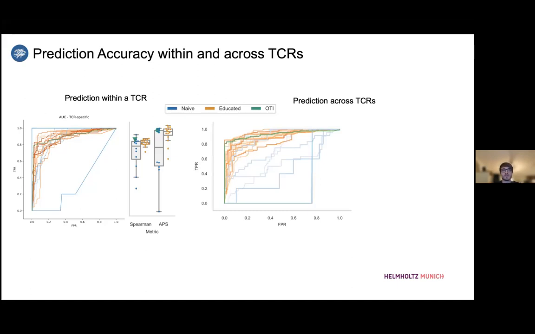This also carried over to the next task, where we try to do predictions across T-cell receptors. Here, again, educated repertoires could be nicely predicted, whereas for naive repertoires it was much more diverse. We could see trends: those T-cell receptors in the naive repertoire that had a high activation could generally be predicted quite well, whereas others that didn't activate strongly behaved very erratically and therefore couldn't be predicted well.